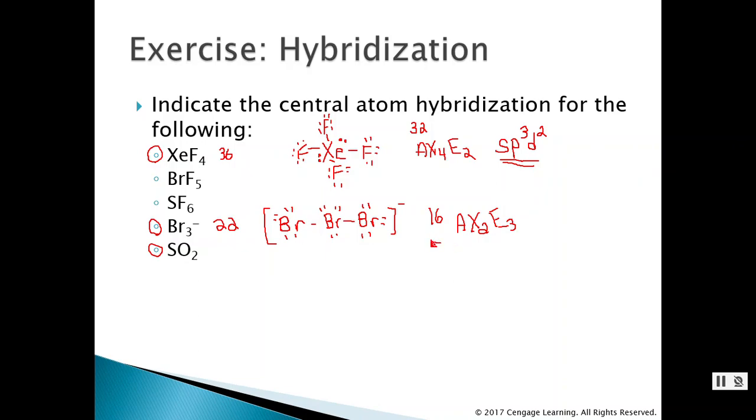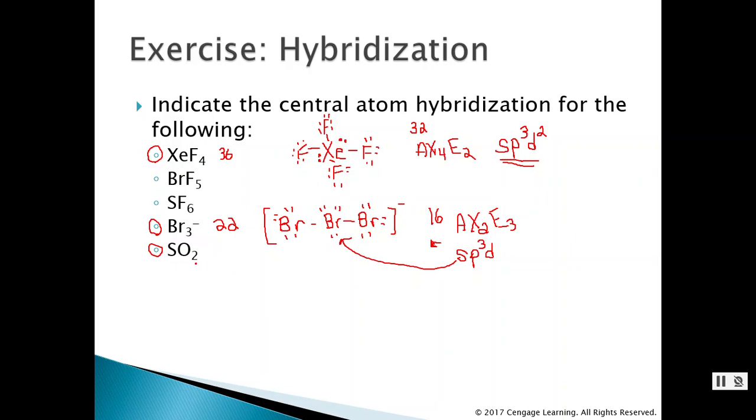Those orbitals are going to be an s, 3 p's, and a d. So the hybridization on that central bromine is sp3d. Those are the hybrid orbitals used in the structure for that central bromine. 2 of them are used as bonds, to form covalent bonds between bromines. The other 3 are involved in holding those 3 lone pairs.